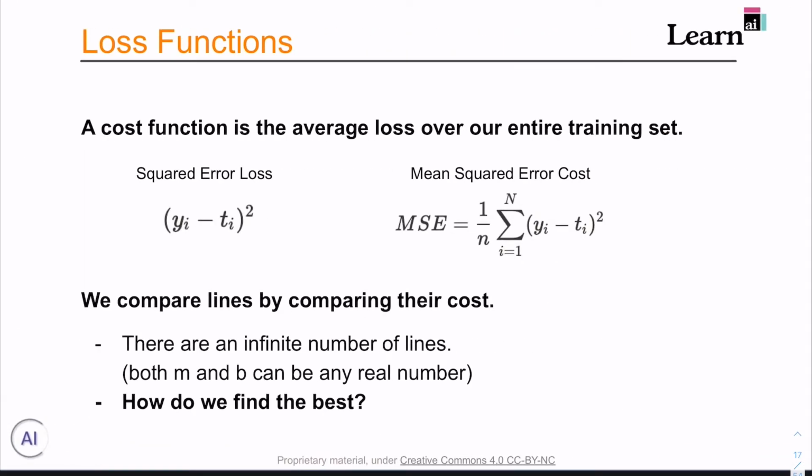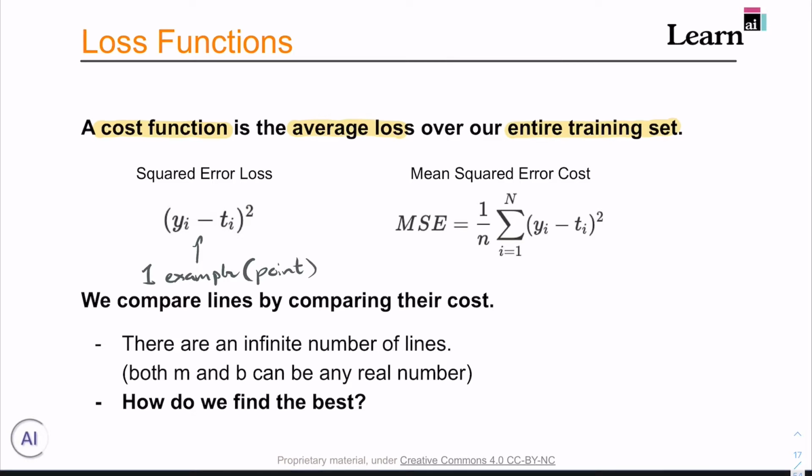A cost function, another new term, not complicated, is the average loss over the entire training set, right? So squared error loss is for one example from our data set. You could think of that as 1 point, right?